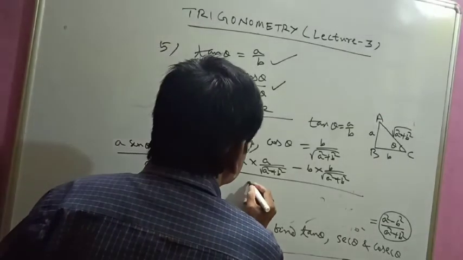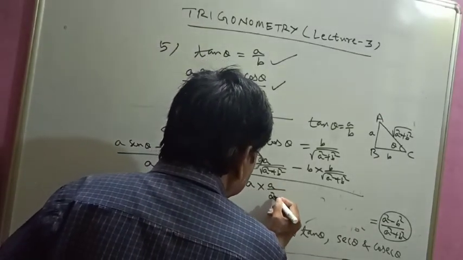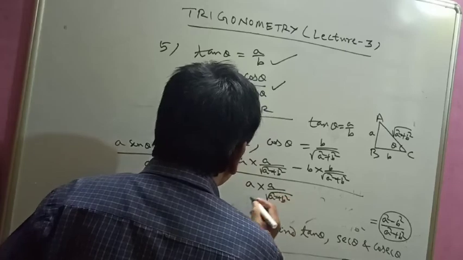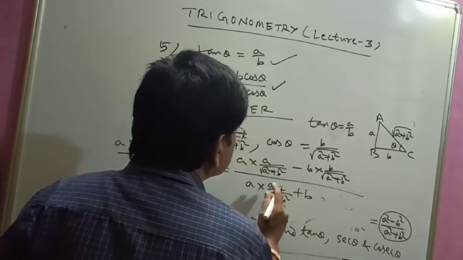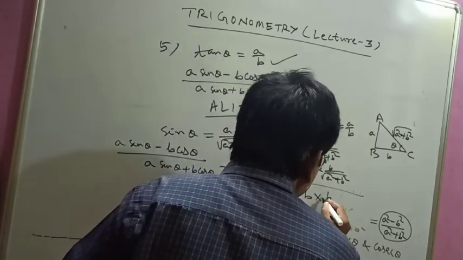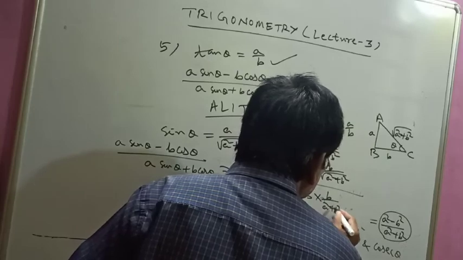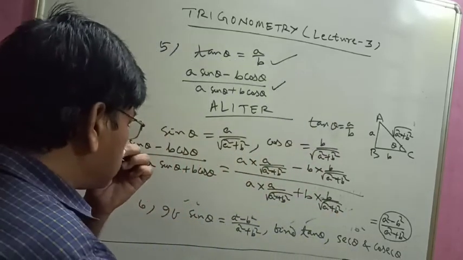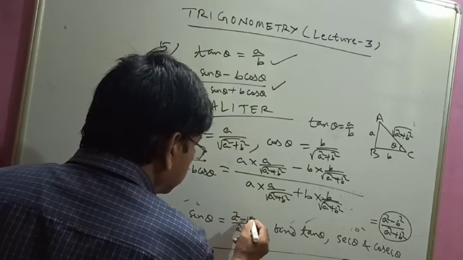So a into sin theta is a by root over a square plus b square, plus b into cos theta, which is b by root over a square plus b square. Now solve this, and you get the same answer.